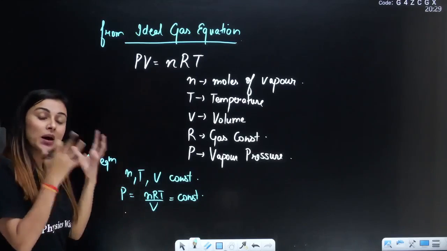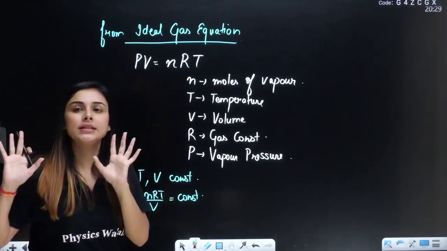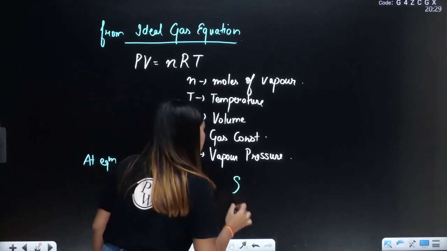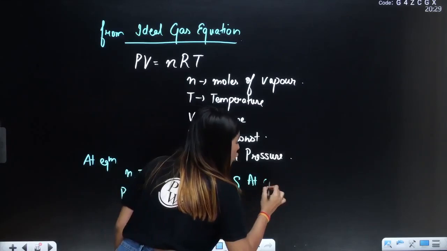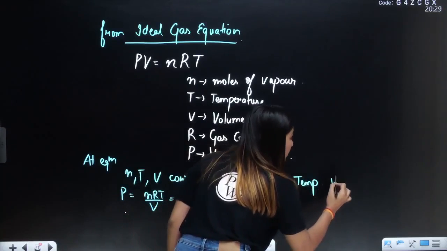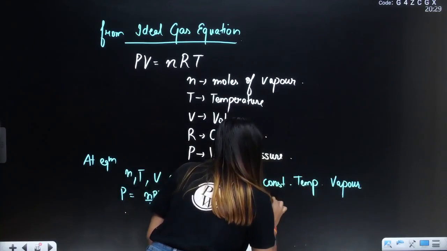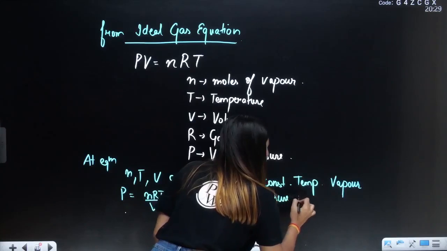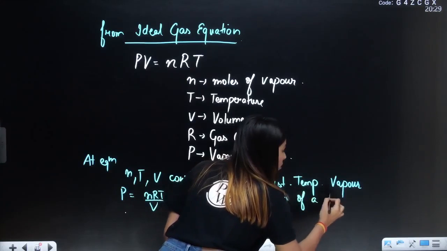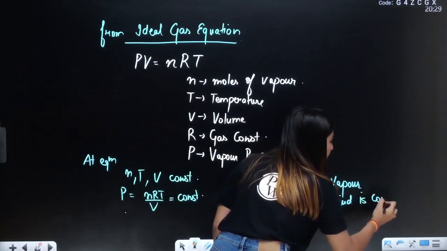So at one particular temperature, the vapor pressure of a gas is constant. So you can say that at constant temperature, the vapor pressure of a liquid is constant.